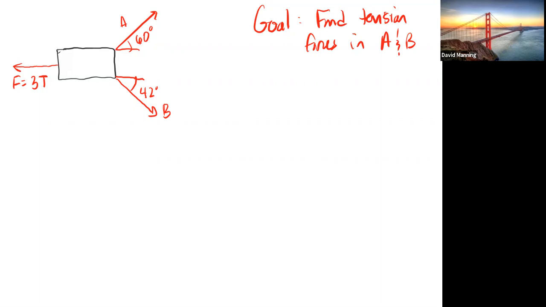As you know, I like to draw my components out just so I have them. B cosine 42, B sine of 42, A cosine 60, A sine of 60.